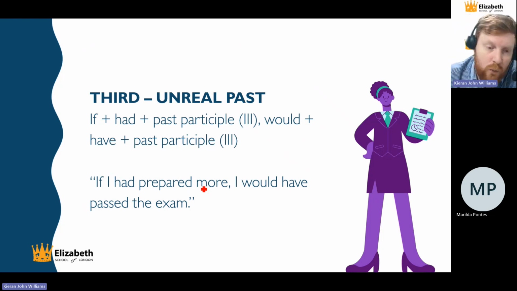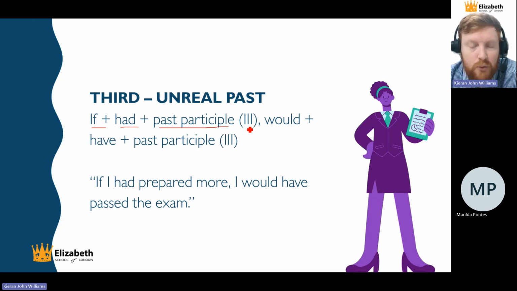Okay, so the way that we make it is with if plus had plus the past participle form of the verb, which is the third form, if you need any help with that. We also need would plus have plus the past participle again, the third form of the verb. So quite a complicated formation there. Seems quite mathematical, but if you follow it, then you really can't go wrong.